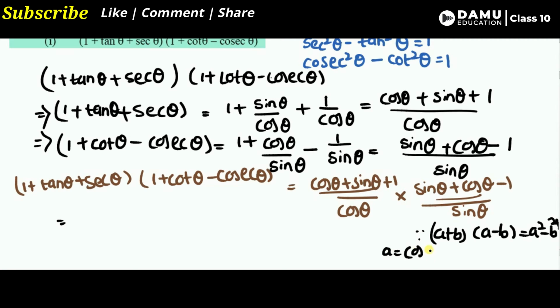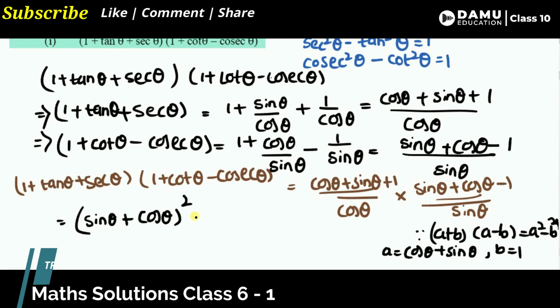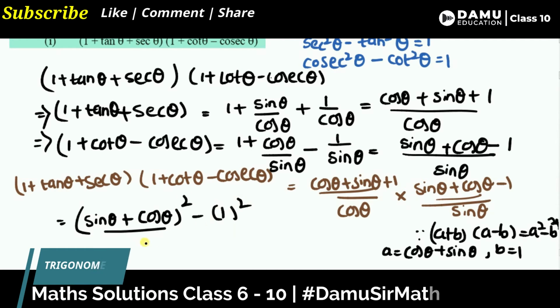Here a is nothing but cos θ + sin θ, and b is nothing but 1. So a² − b² is (sin θ + cos θ)² − 1², whole divided by sin θ into cos θ. So this is the value.